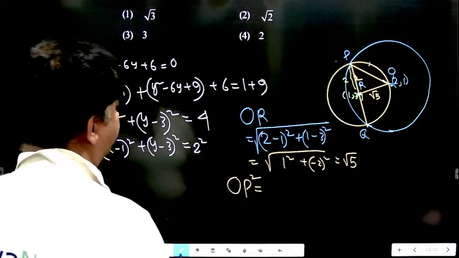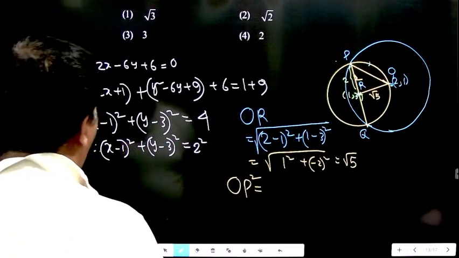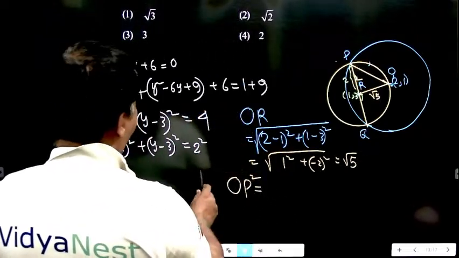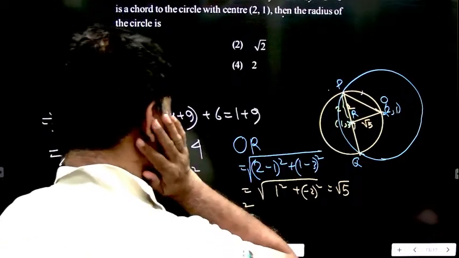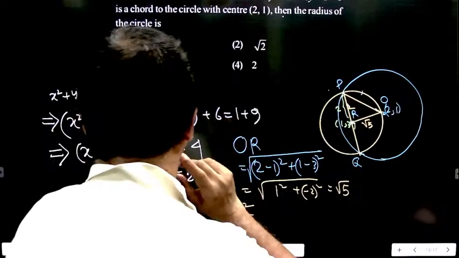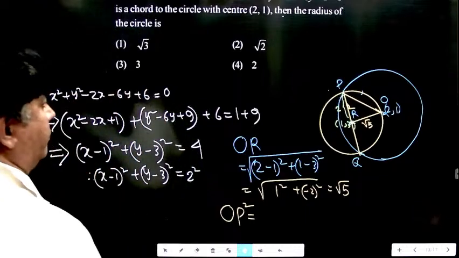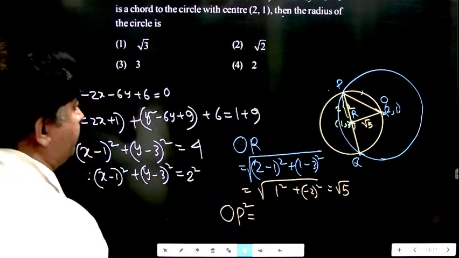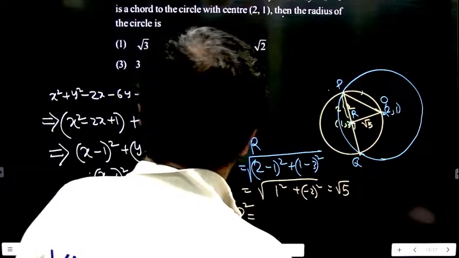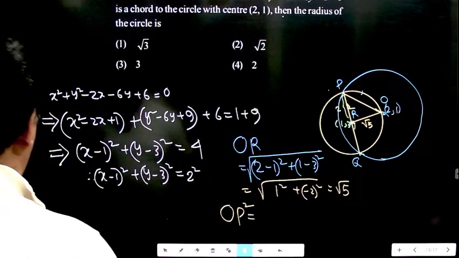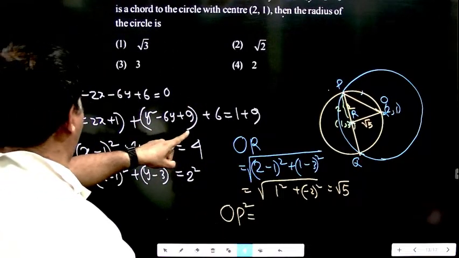Just wait, hold on. 2, 1, 1, 3. Wait. x square minus 2x, I have taken plus 1 plus 9. 1 plus 9.